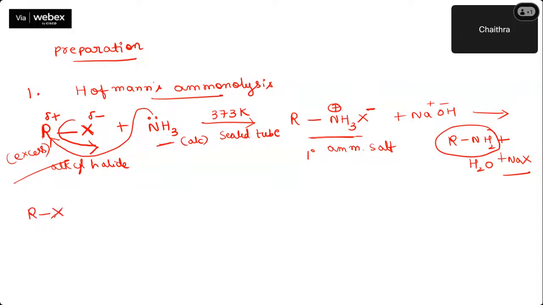Can you take an aryl halide for this reaction, guys? Think and answer me. Here I have written an alkyl halide, right? Instead of this, if I take an aryl halide, will the reaction happen? Aryl halide means a benzene ring directly attached to a halogen. Can I take this as the starting material for Hoffmann's ammonolysis? Yes or no?